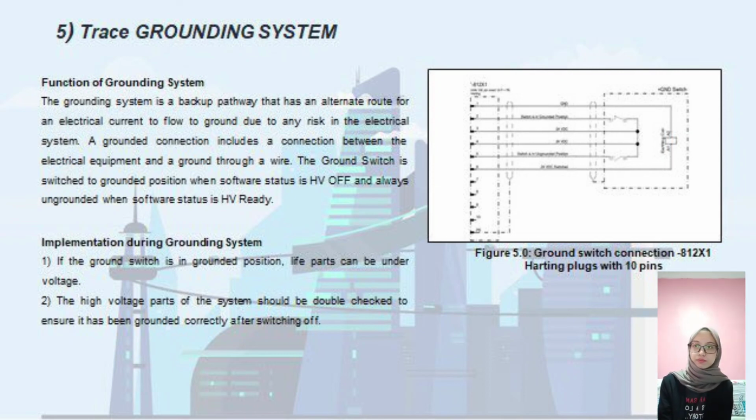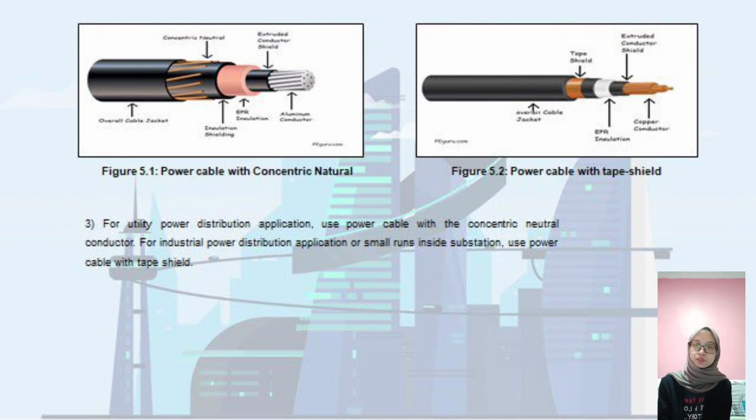There are two types of cable: the first one is the power cable with concentric neutral conductor, and the second one is the power cable with tape shield. The power cable with concentric neutral conductor is suitable for utility power distribution applications, while the power cable with tape shield is usually suitable for industrial power distribution applications or small runs inside the substation. Thank you.